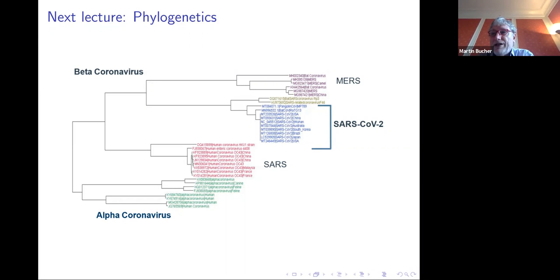And this can be done for all sorts of organisms, to do sort of genetic molecular paleontology.